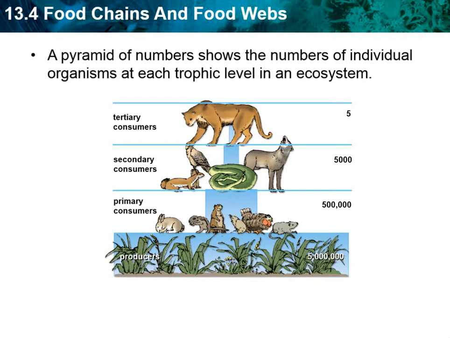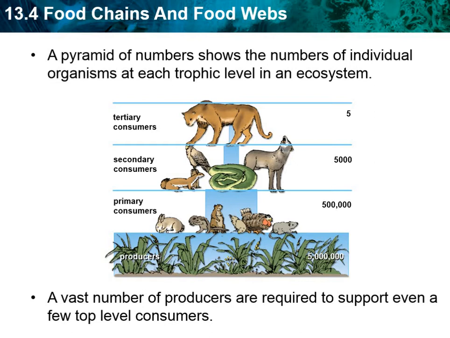So once again, a lot of energy at that low level, so you can have lots of organisms, and then you go up to the next level, not as much energy is there, so there are fewer organisms as you go. A vast number of producers are required to support even a few top-level consumers.